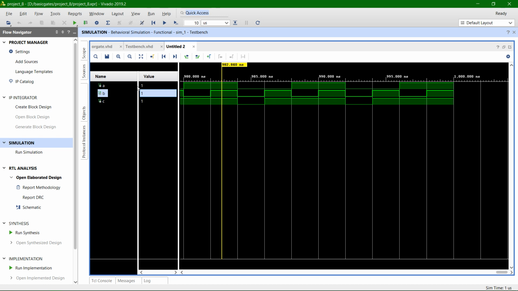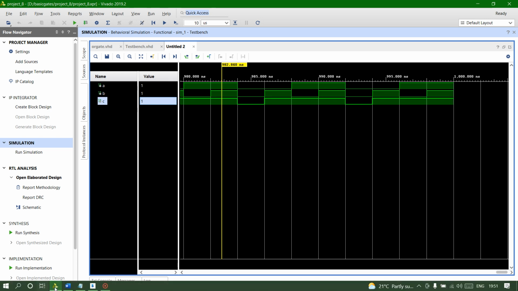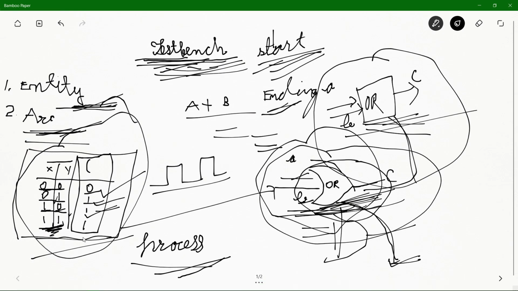Okay, you guys can see that when I am giving both the inputs as 1, 1, the output is also 1. So this shows that my last value is also correct, and this sums up my video: the OR gate that I have made is fully correct, and it is also satisfying the truth table of my OR gate.